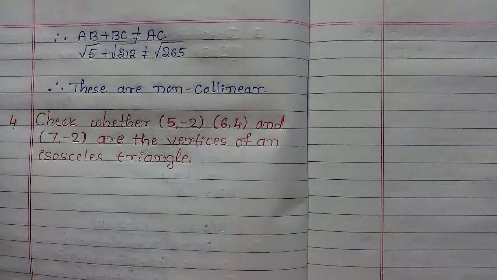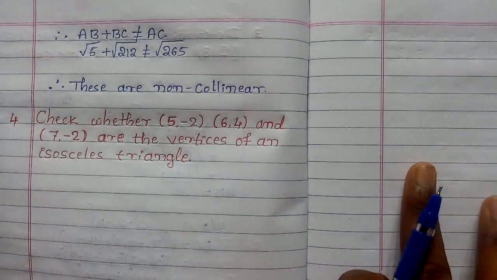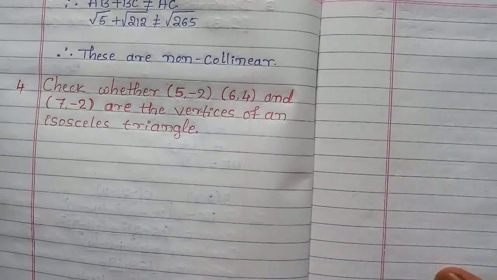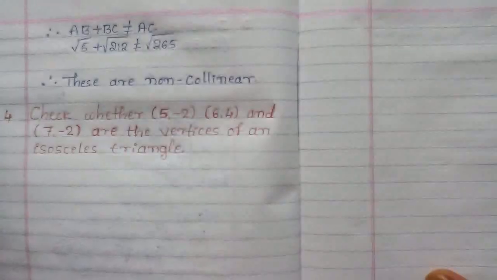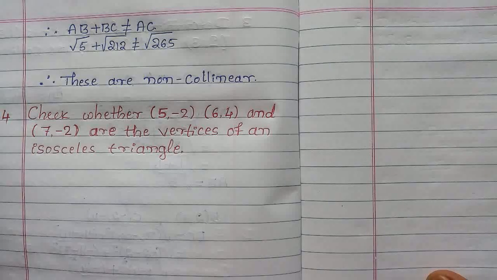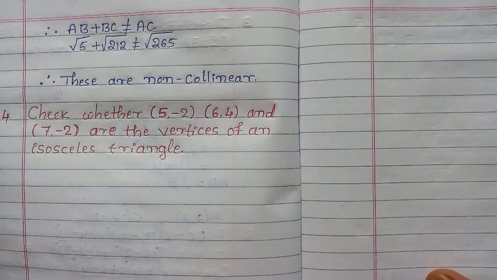In this example, they ask us to check whether 5 comma minus 2, 6 comma 4 and 7 comma minus 2 are the vertices of an isosceles triangle. What is an isosceles triangle?